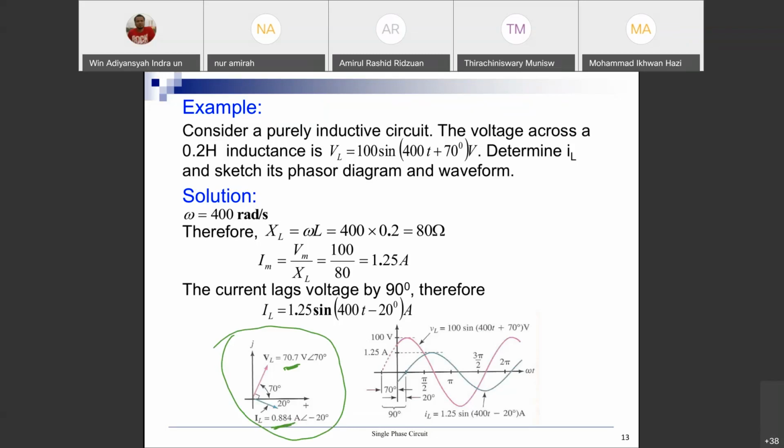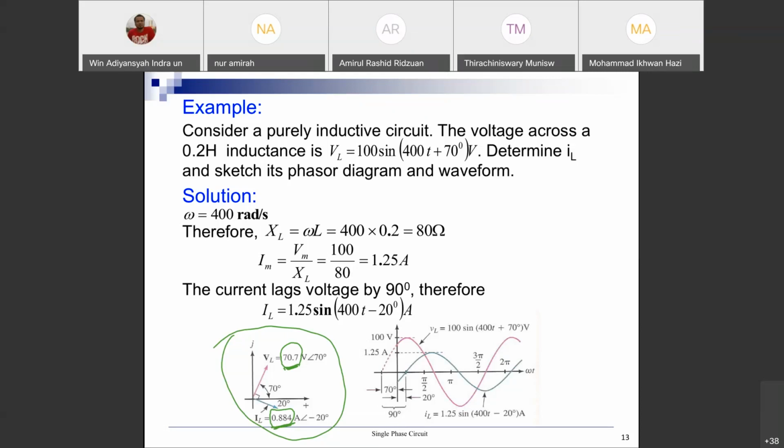How do you get 70.7 and 0.884? That's the question, because you can't find these numbers in the question.